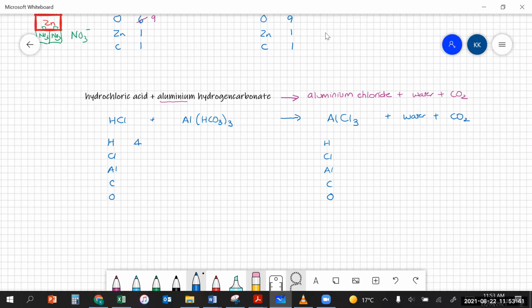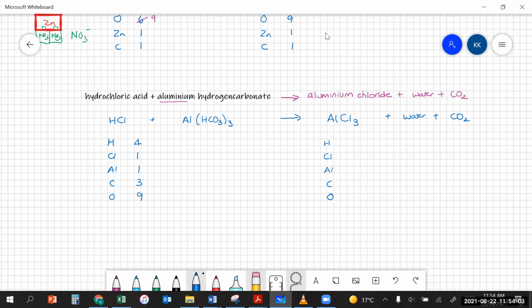Chlorines, we just have 1 in the hydrochloric acid. Aluminiums, we just have 1 in the aluminium hydrogen carbonate. Carbons, we have 3 of those in the aluminium hydrogen carbonate. And oxygens, we have 3 3s are 9 in the aluminium hydrogen carbonate.